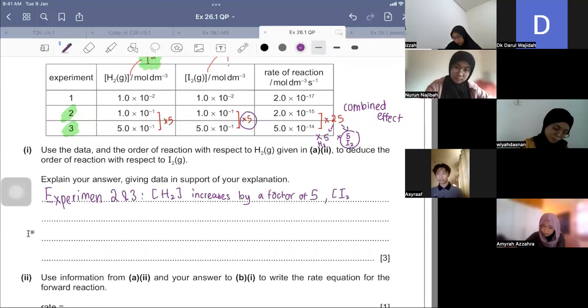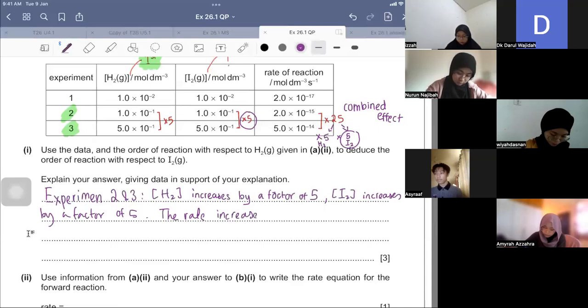Iodine increases by a factor of 5 as well, or you can say by 5 times. It means the same thing. The rate increases by a factor of 25.